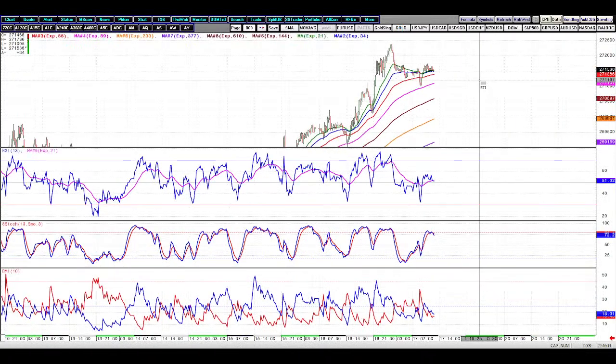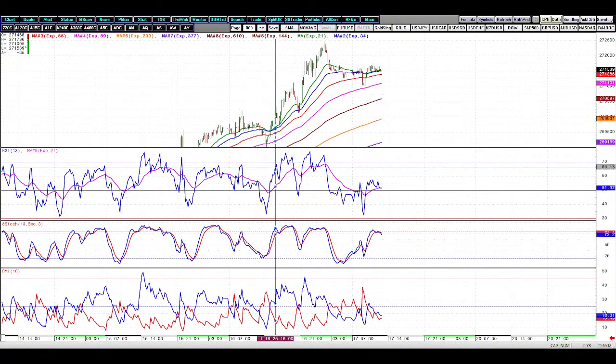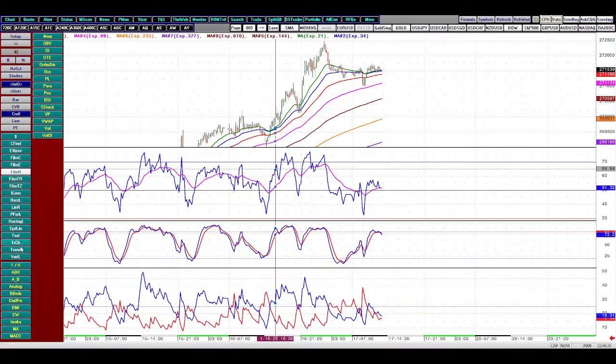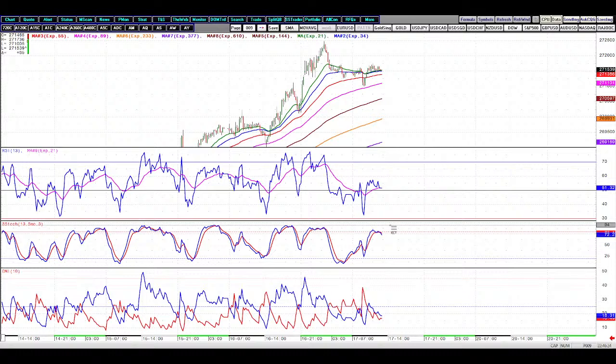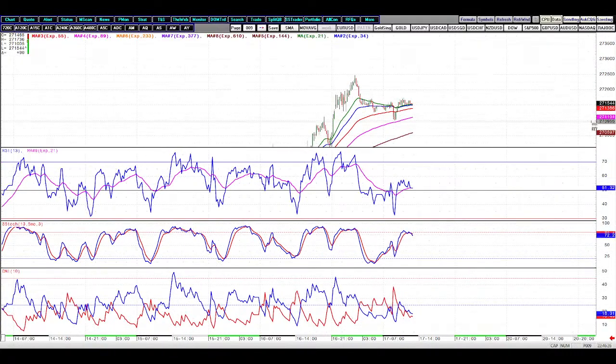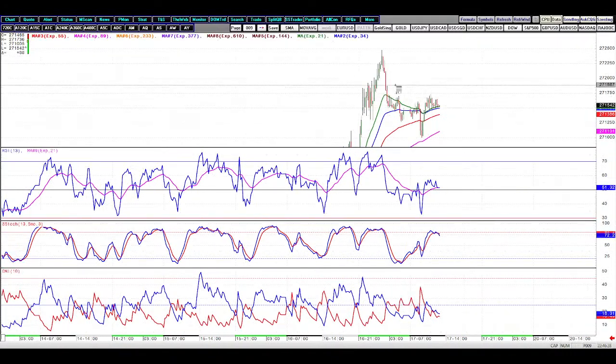Okay, looking at the chart, your oscillators are telling most likely this might be a high.